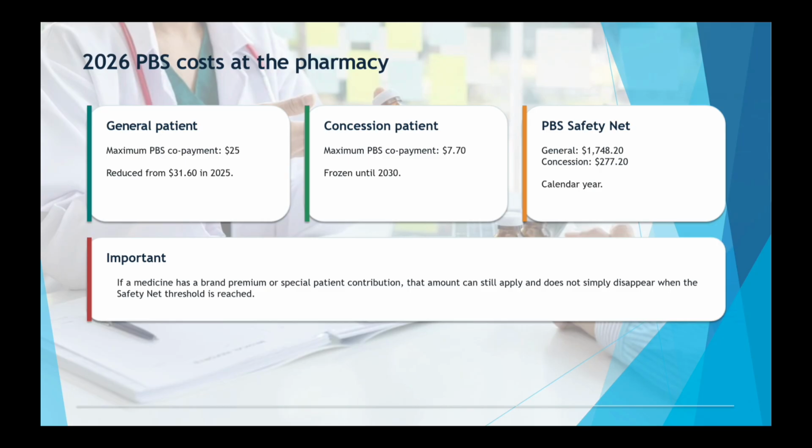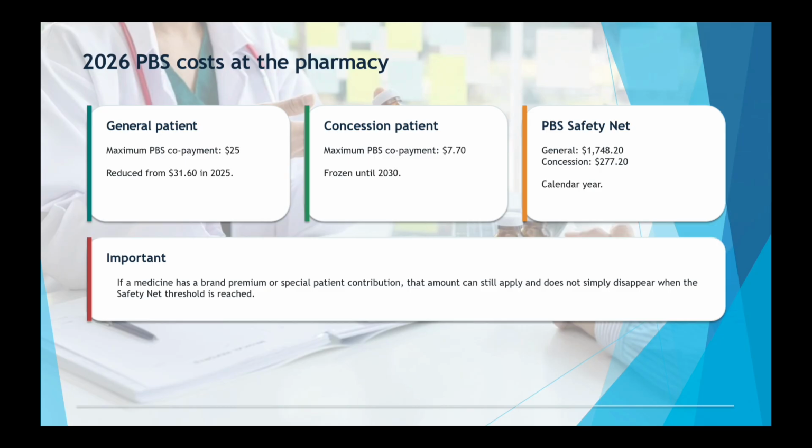That means whatever the cost of the medication, for example, if the private price was like $90, the rest of the price will be covered by the government, so you will be just paying $25. Previously in 2025 it was $31.60.